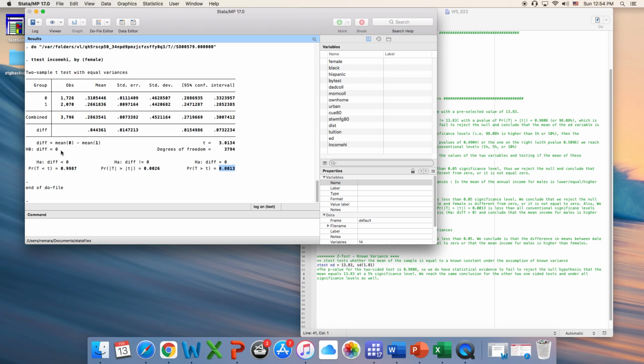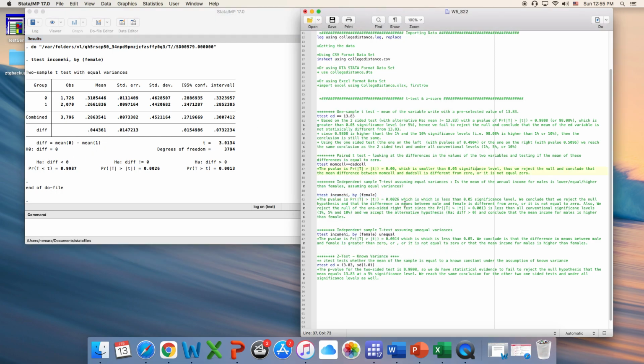So we reject the null and accept the alternative that the difference is positive. In other words, the mean of income for males is higher than the mean of income for females. This one is saying there is a high probability that they are equal to 0. This test prefers that we accept the alternative rather than saying that females make more money.